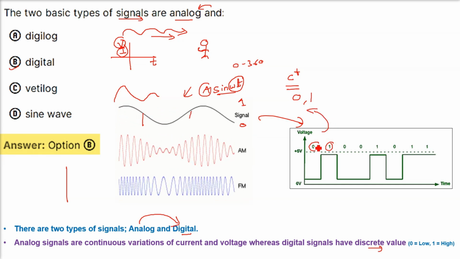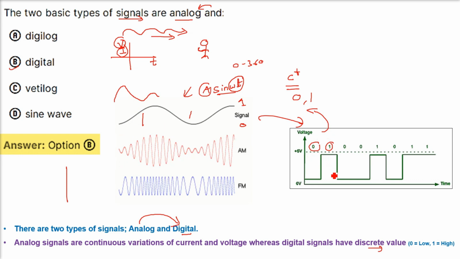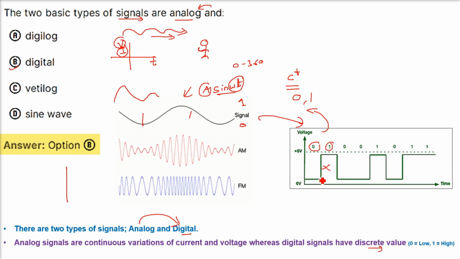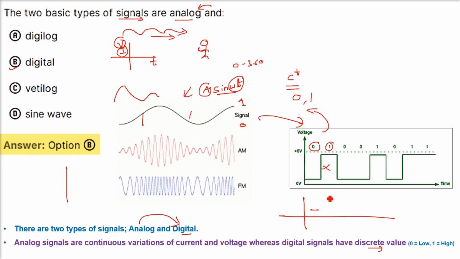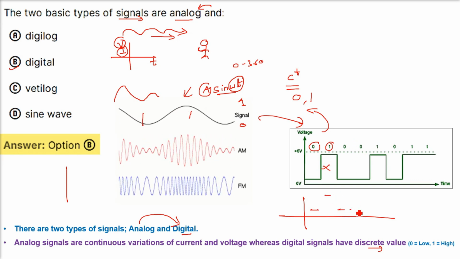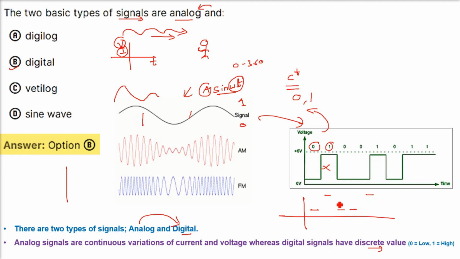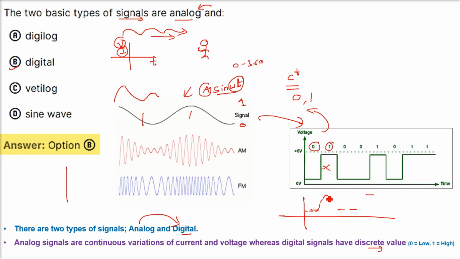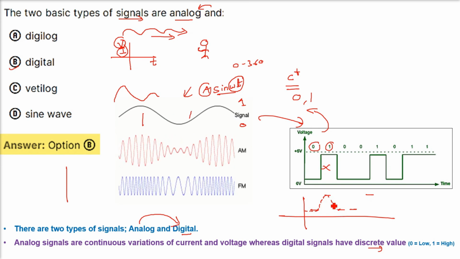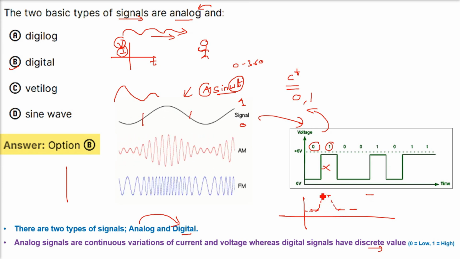If you send plus 5 voltage, for example, that corresponds to a value 1. So everything is voltage, either analog or digital, and they all convey information, taking the data of real life and converting it into a form so that it can be sent as information.